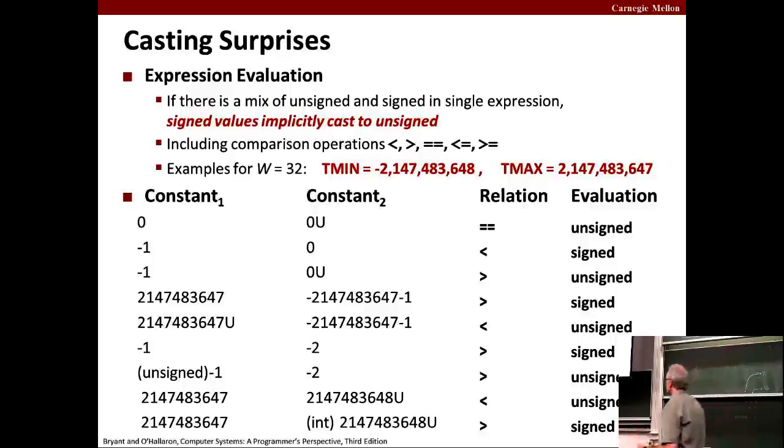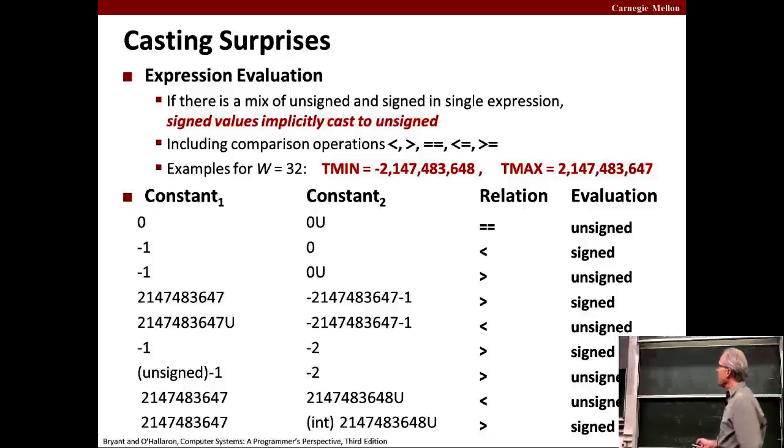The rule is, if either argument is unsigned, then you have to do it. And when you put a U at the end, either a lowercase u or an uppercase U, of a numeric constant, you're saying this is an unsigned value. So, for example, if we compare 0 and 0 unsigned, they're equal.